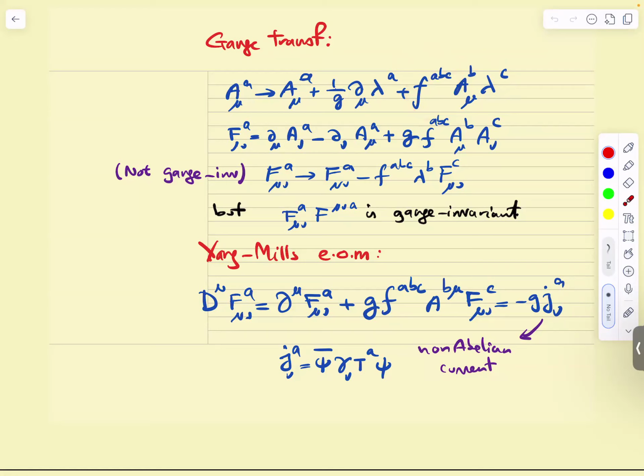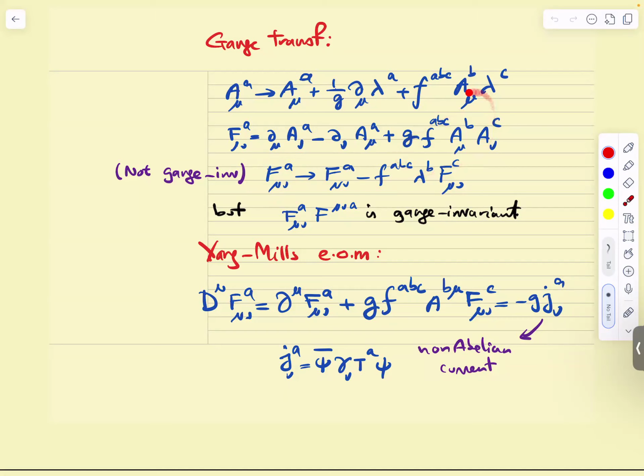It's not there. When you construct F mu nu, the field strength, precisely because of this term, you end up with a standard looking expression, and then there is a bit that depends on the structure constant, with two terms that are bilinear, second order in A mu, and that tells you this is not gauge invariant.